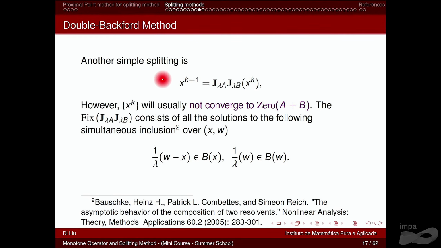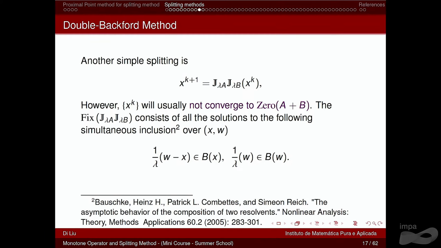So we can conclude that this iteration will converge, but the problem is it will not converge to the solution of A plus B, or the zero set of A plus B. Actually, the fixed point set of the composition of two resolvents consists of the solutions of the following simultaneous inclusion problems.